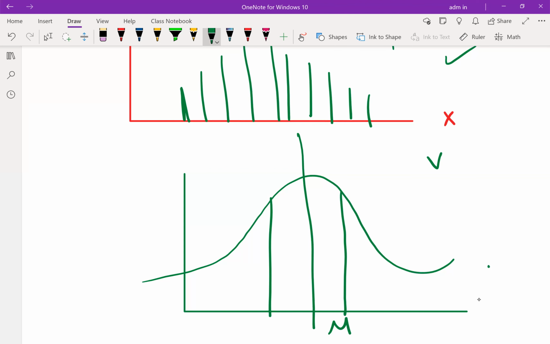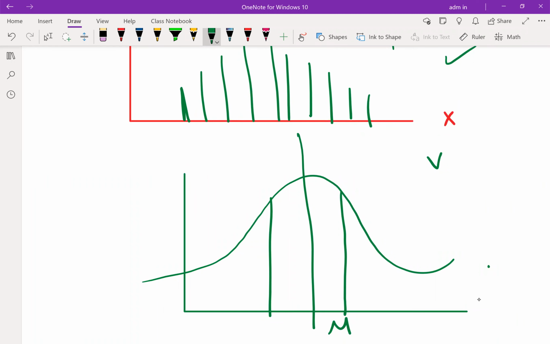If we study the weight or the height, most of the students are around the average. If we add one standard deviation and subtract one standard deviation from mu, you will get two-thirds of the data around this value.